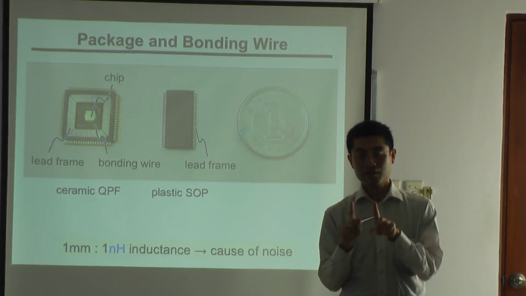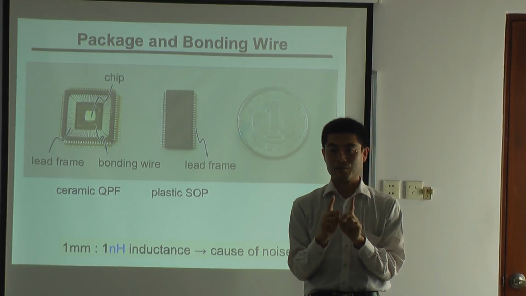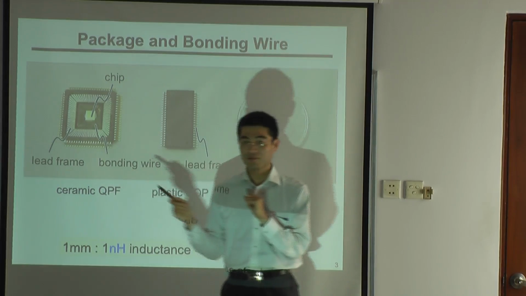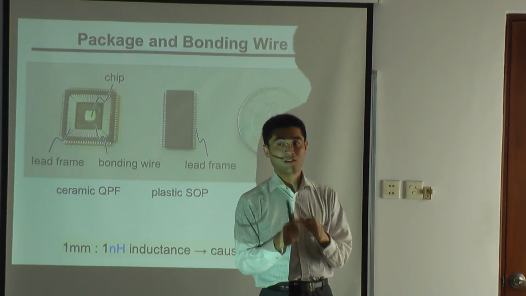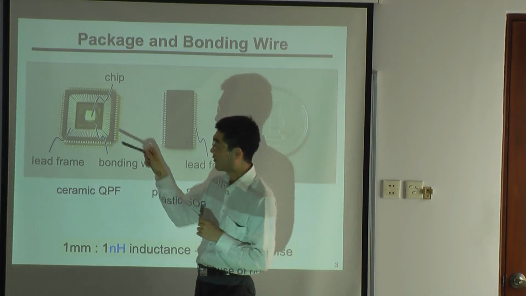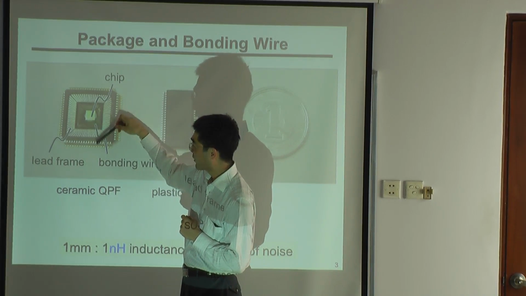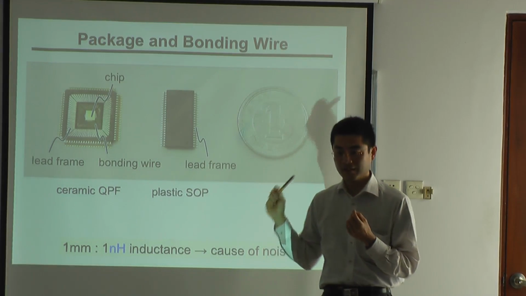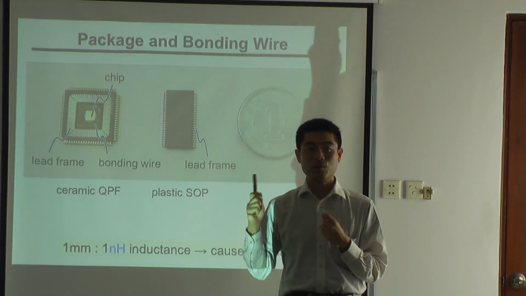Inside of the chip, the distance is less than microns. But in this case, the distance is millimeters. So the capacitance is also ignored. But in this case, the length from here to here is very long. So in this case, we have to pay attention to inductance.